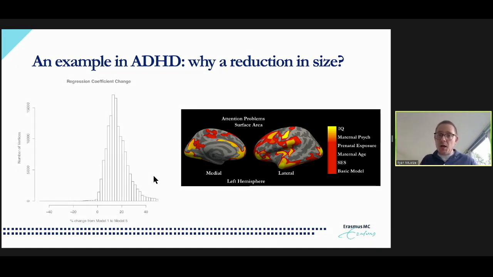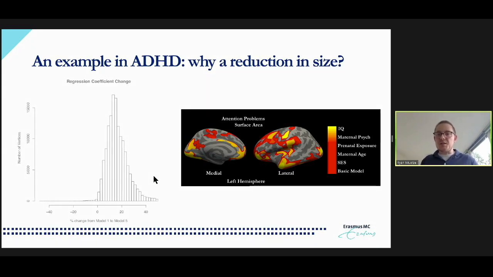We subtracted the regression coefficients from model 1, the minimally adjusted model, from model 6, the fully adjusted model, and we created a percent change map for the brain. Then we plotted the frequency of each beta change from the basic model to the fully adjusted model for all, as I said, 160,000 vertices in the brain.